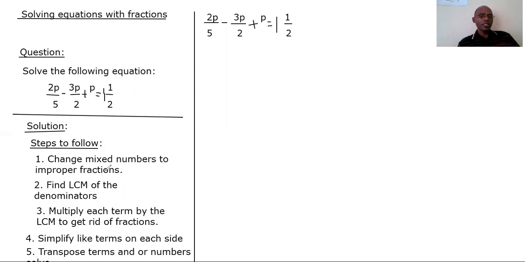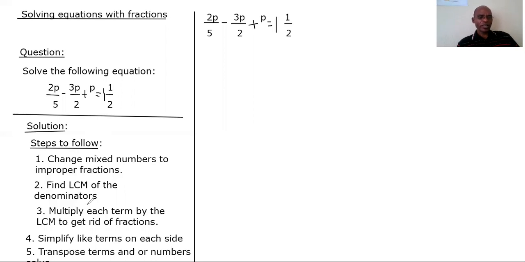After changing the mixed number into a fraction, then I find the LCM or the LCD. That's the lowest common multiple or the lowest common denominator of all denominators. So our denominators here, we are having 5, 2, and 2, which means I have to look for the lowest common denominator or the lowest common multiple.